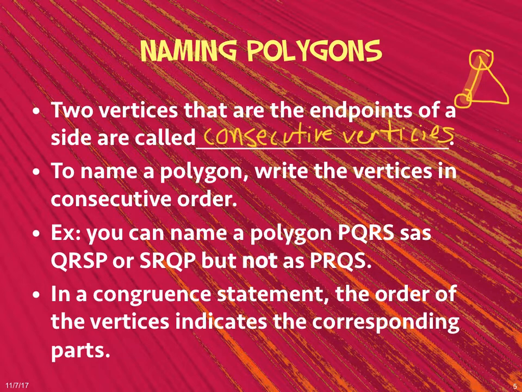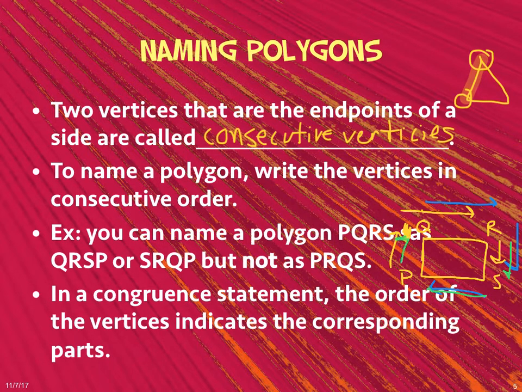Example, you can name a polygon PQRS as, so if we had a polygon PQRS, we could name it as PQRS following the same consecutive order, or we can name it as, starting at Q, QRSP, or we could start at R and name it RSPQ, or we could go the opposite way and call it SRQP, as long as the points are in consecutive order.